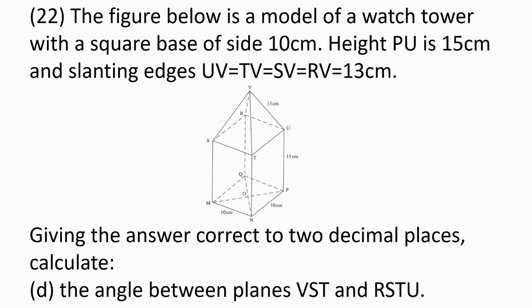Part D, calculate the angle between planes VST and RSTU. So to obtain that angle, we need to have a right angled triangle, and the right angled triangle can be formed by moving from point V to the midpoint of plane RSTU, from the midpoint of plane RSTU to the midpoint of ST, and from the midpoint of ST to V, where from the midpoint of ST to V is the hypotenuse.